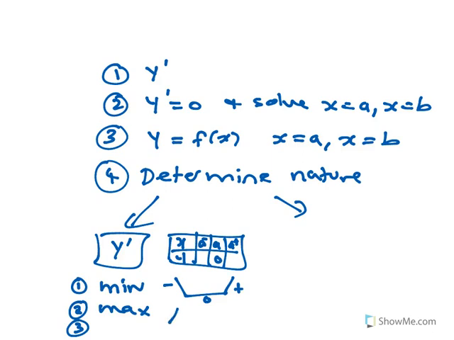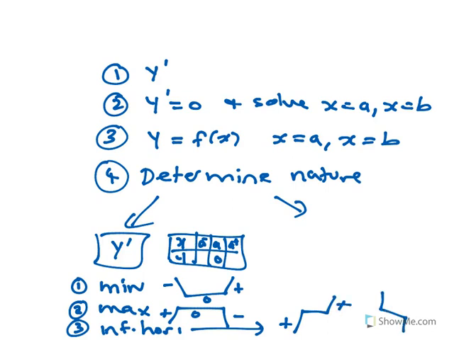A maximum would be this way, so that would be a positive gradient to a negative gradient. And an inflection, or a horizontal point of inflection, is either plus, plus, where it looks like that, or it goes minus, minus, where it looks like that.